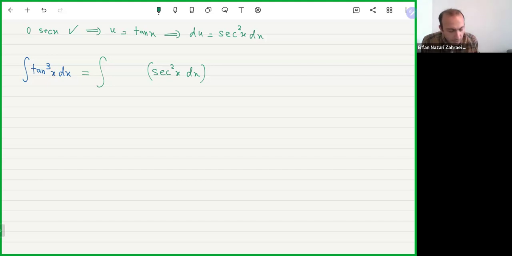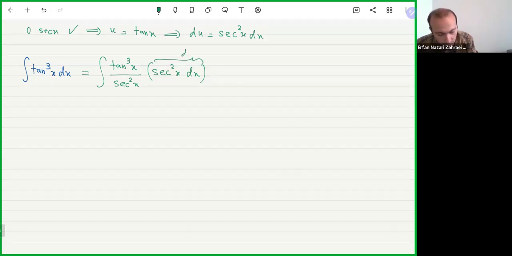What else do I have? I have these three tangents untouched. Dx is good, but secant squared I have here, which I didn't have before. So I need to put it in the denominator to cancel it. This part is du. And I need to convert these into u. U is tangent, so the top is easy to do. The top is just u cubed.